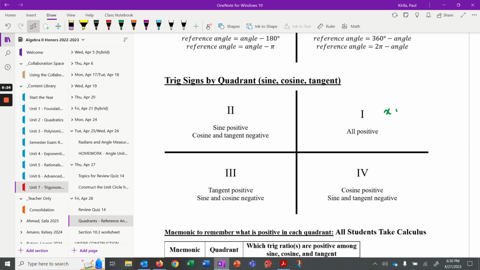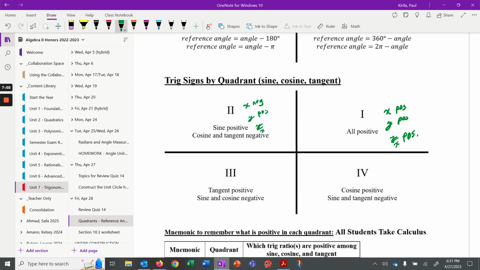In quadrant 1, x is positive and y is positive, so cosine is positive and sine is positive, and tangent is sine divided by cosine, so positive divided by positive is still positive. So y over x is positive. In quadrant 1, all three of our main trig ratios, sine, cosine, and tangent, are positive. In quadrant 2, the x is negative, so cosine is negative. Y is positive, so sine is positive.